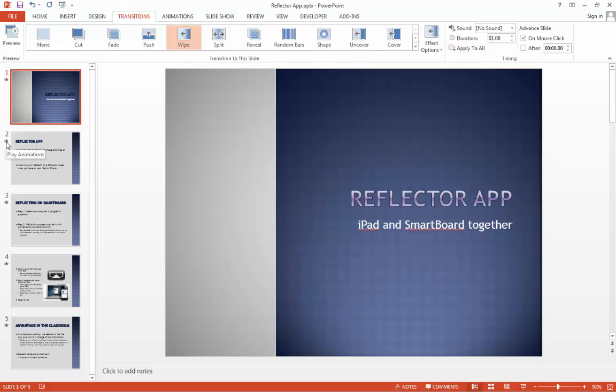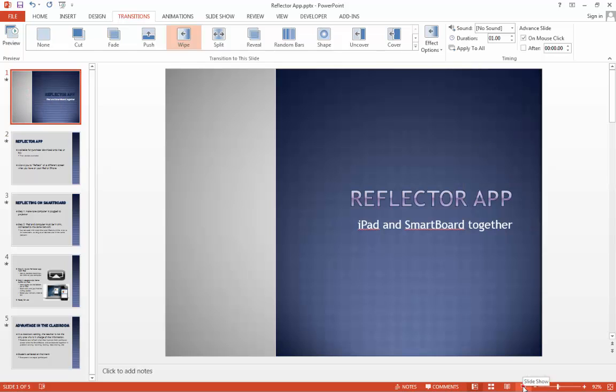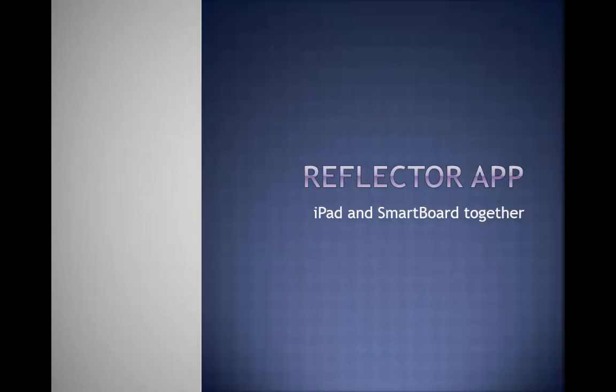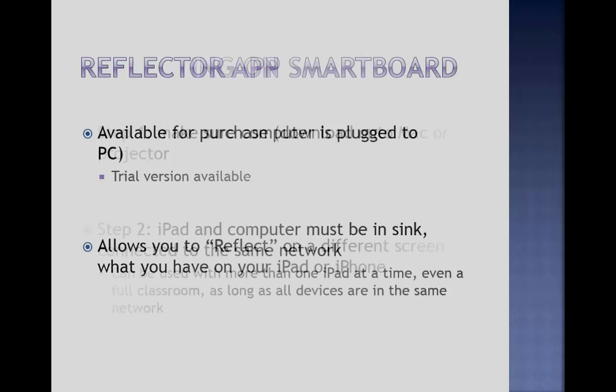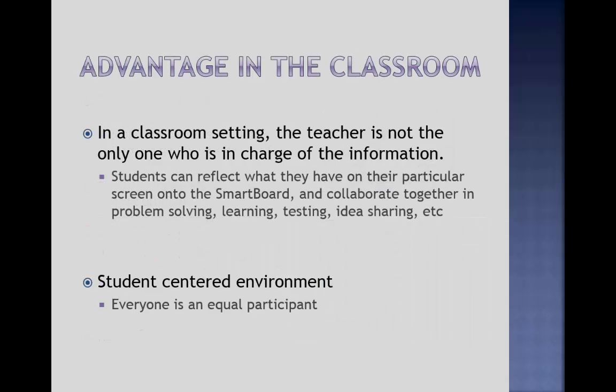And as you can see, there's a little star right next to all of my slides, indicating that a transition has been added. So if I go to play my slideshow, first slide, second, third, fourth, and fifth.